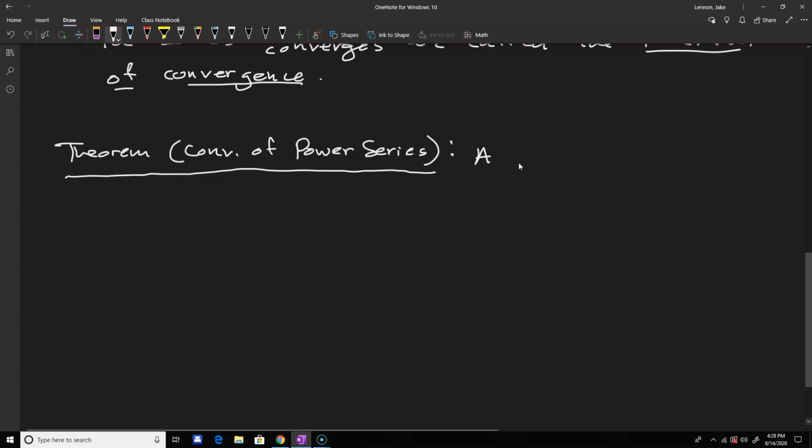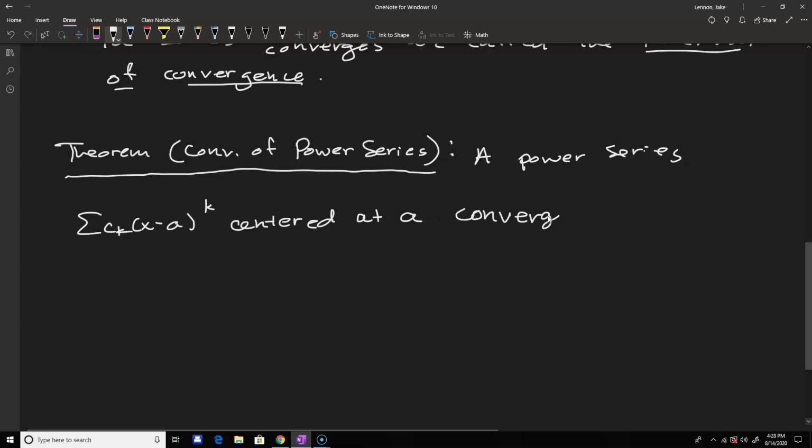A power series, that general form we talked about, c sub k times x minus a to the k, centered at a, converges in one of three ways. One, it converges absolutely for all x.